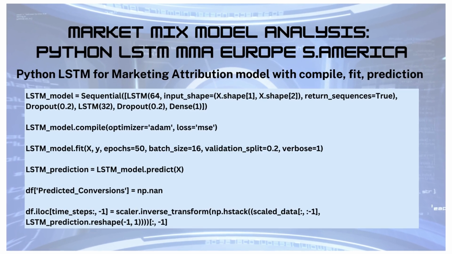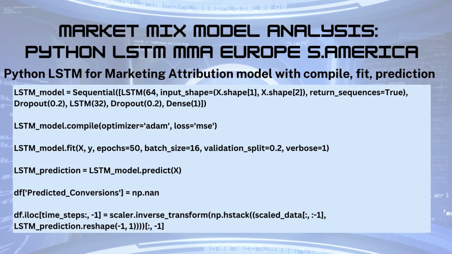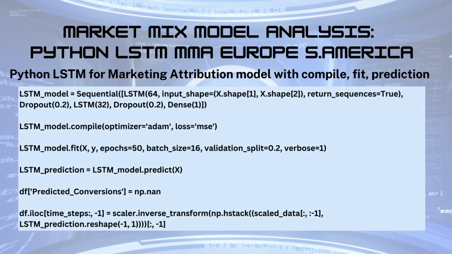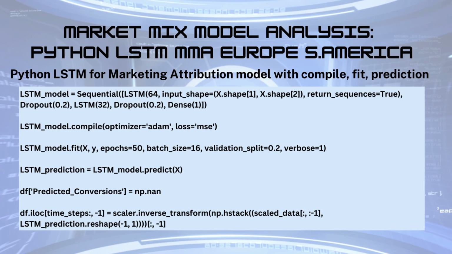We're going to talk about the Python LSTM marketing mix that we did for Europe and South America customers. We basically set up an LSTM model. We used the Sequential model, the LSTM, and got our parameters and shape and the sequence, the LSTM, the dropout and dense layers. Then we compiled the model. I used an Adam optimizer and mean squared error for the loss function.